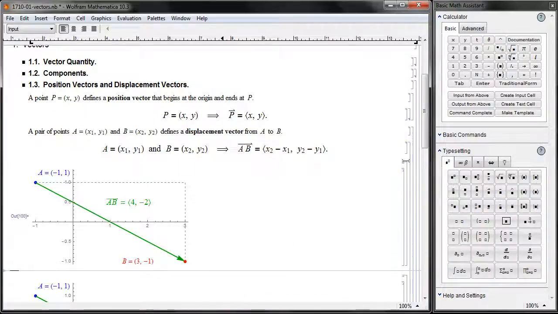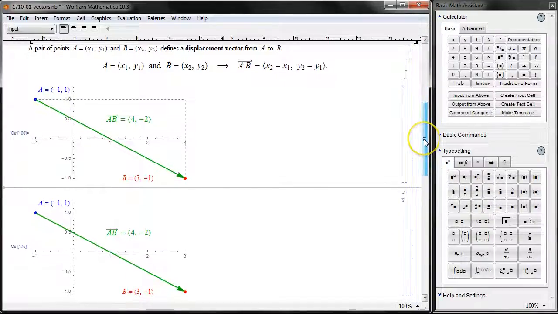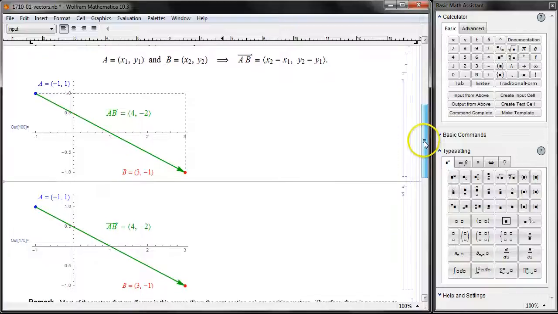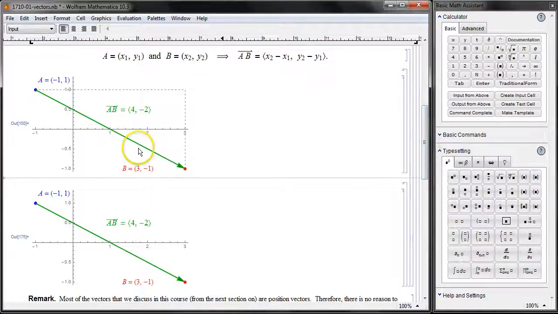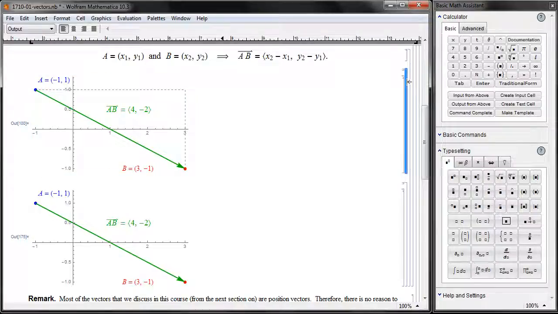As a matter of fact, I prepared this graphics beforehand. Now, this picture and that picture are the same, except that this picture has auxiliary dotted lines, and that gives you a right triangle. The horizontal component of this green vector goes from x equal to -1 to x equal to 3. So what's the difference of the x coordinate?